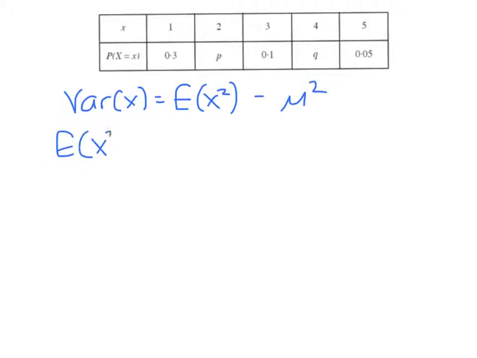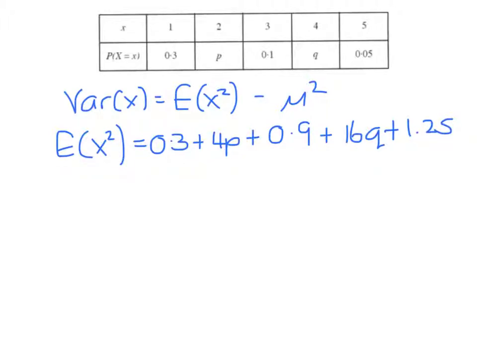Now I have to work out the variance of x, and that will be the expectation of x squared minus the mean squared. So the expectation of x squared will be 1 squared times 0.3, 2 squared, so that's 4 times p, 3 squared, 9 times 0.1, 4 squared, 16 times q, and 5 squared times 0.05.